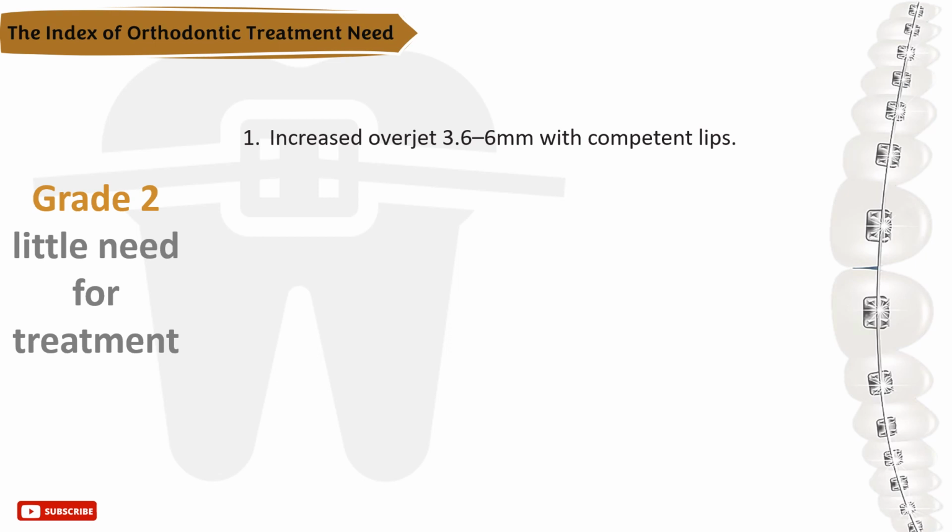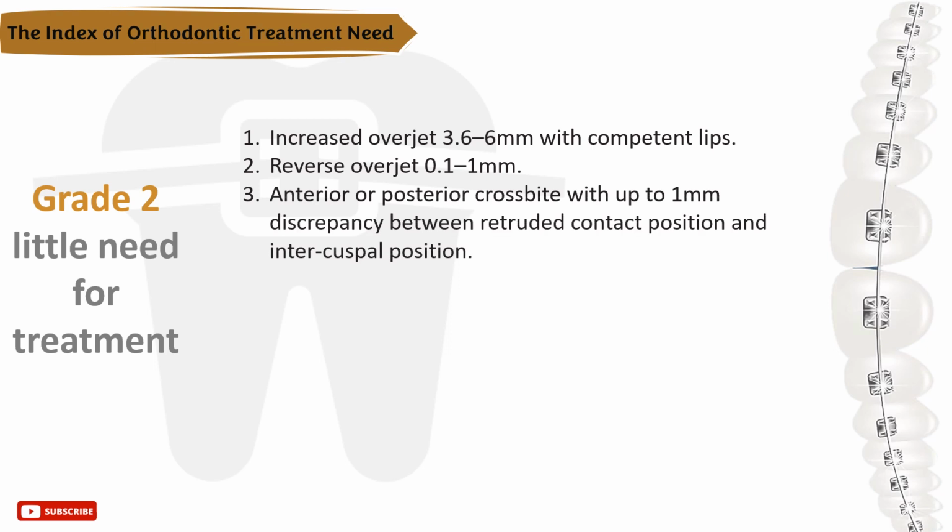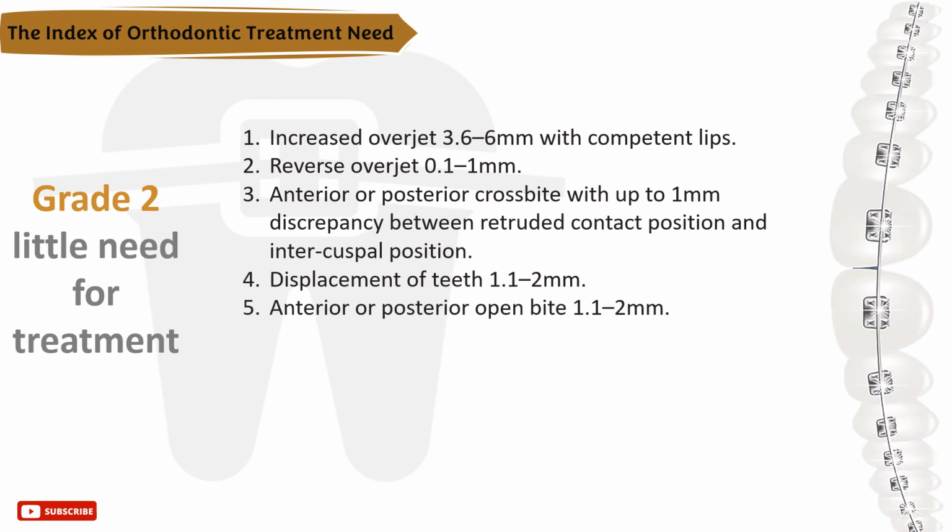Increased overjet from 3.6 to 6 mm with competent lips. Reverse overjet from 0.1 to 1 mm. Anterior or posterior crossbite with up to 1 mm discrepancy between retruded contact position and intercuspal position. Displacement of teeth from 1.1 to 2 mm.